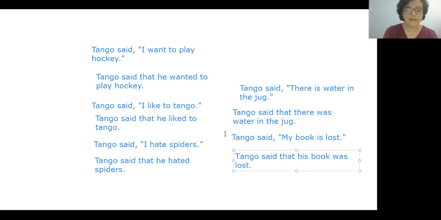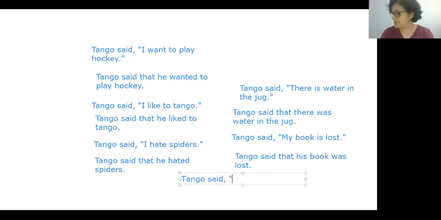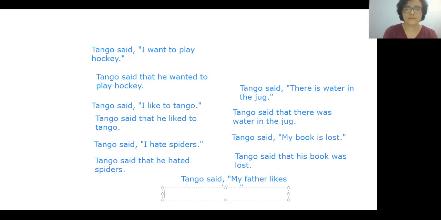Write it somewhere here. Tango said, "My father likes ginger cookies." Let's try. Okay. Tango said, I think I need to shift this a little.